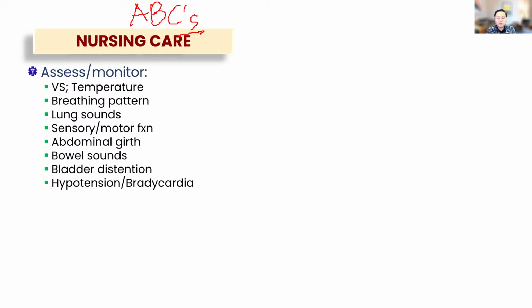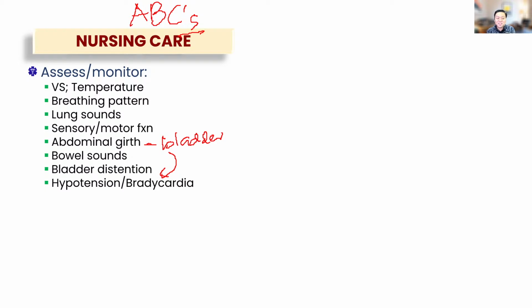We're going to have to assess and keep monitoring their vital signs, their breathing pattern, their lung sounds, their motor function. The abdominal girth. This is very important. Abdominal girth. This is going to help us in detecting if there is bladder distension, which is basically right at the bottom.